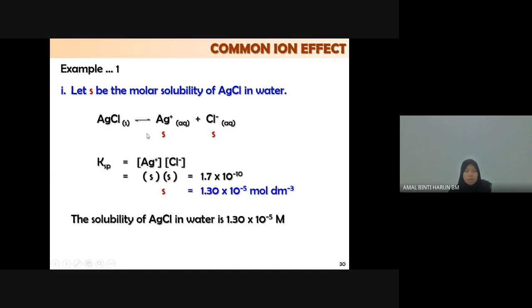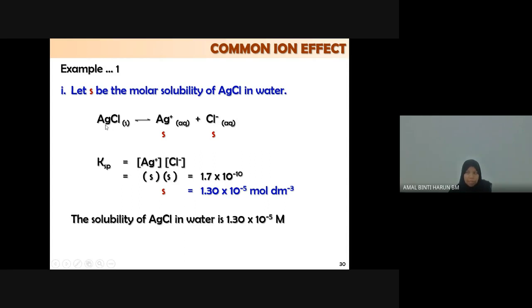Okay, so the concentration is S, sama dengan assumption yang kita buat tadi, let S be the molar solubility of silver chloride. Molar solubility silver chloride kat mana? Kat sebelah kiri ni. S yang dekat sebelah kanan ni mewakili apa? Concentration silver plus, concentration chloride ion.